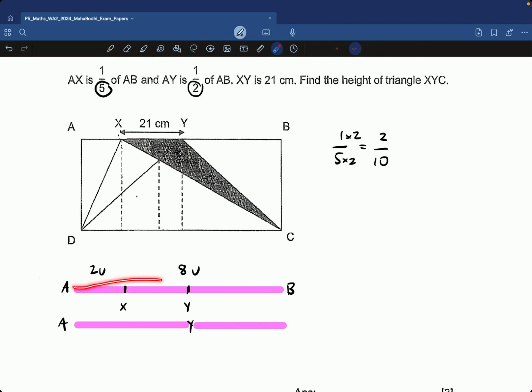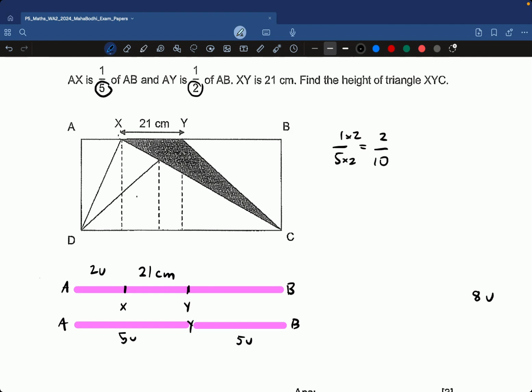This whole AB is 10 units. We can then divide it by 2. So that means AY is 5 units, and then YB is 5 units. All right. So now the thing is that we know how long XY is. So you see over here, if I were to just ignore everything else, we know that this is 21 centimeters.